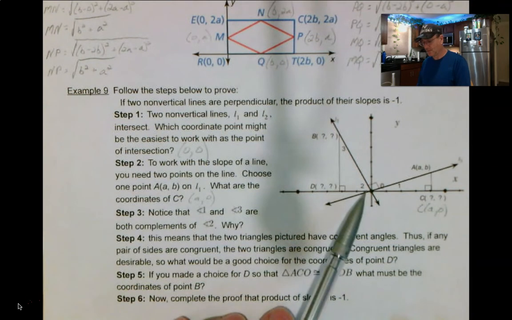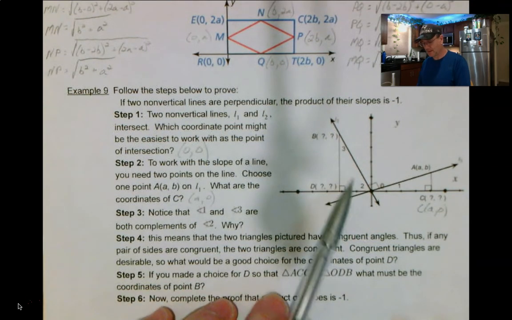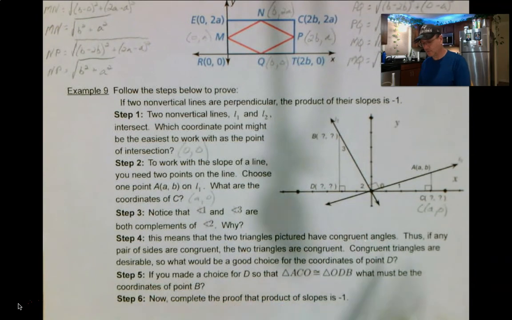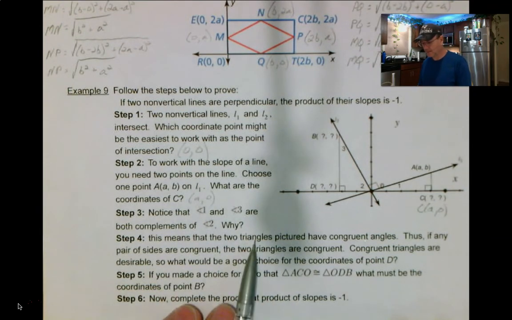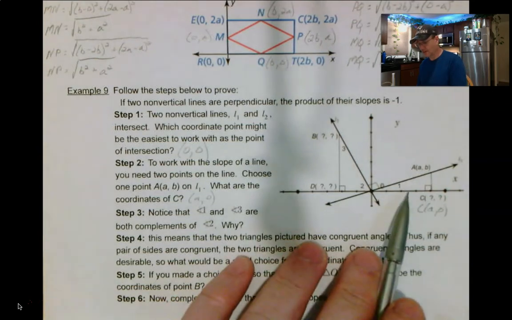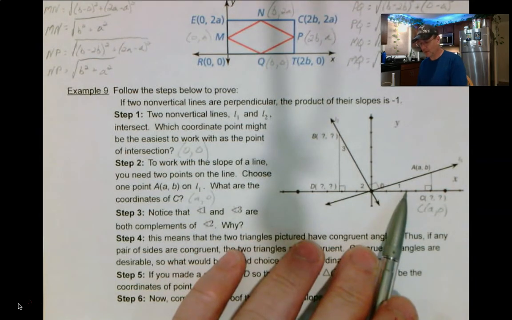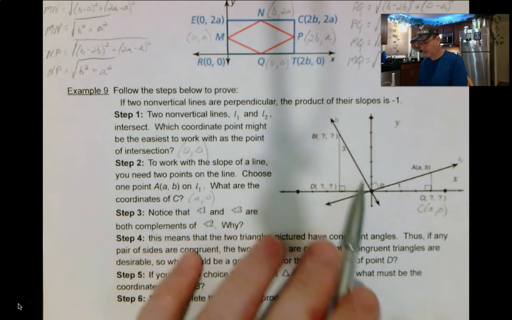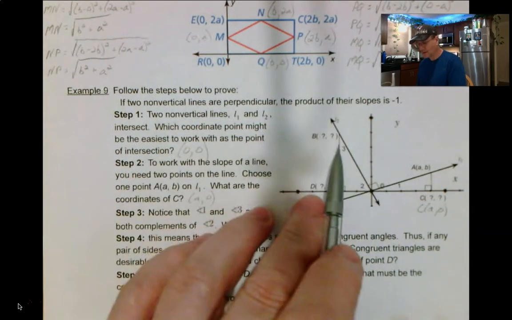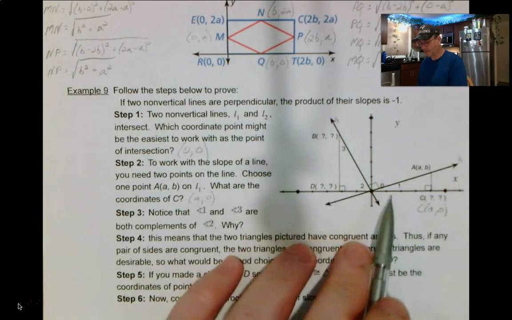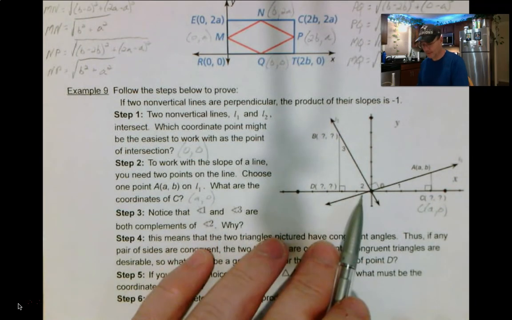Okay. Well, if they're both complements to angle 2, we're going to figure out something about them. All right. So why? I just verbally told you why. I'm not going to actually write it out. I can give you the angle addition postulate, angle 1 plus angle BOA, we'll call this O, plus angle 2 equals 180 degrees.